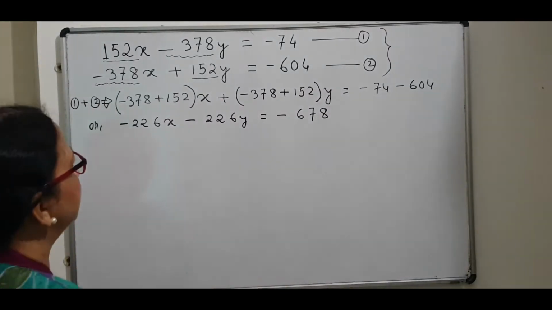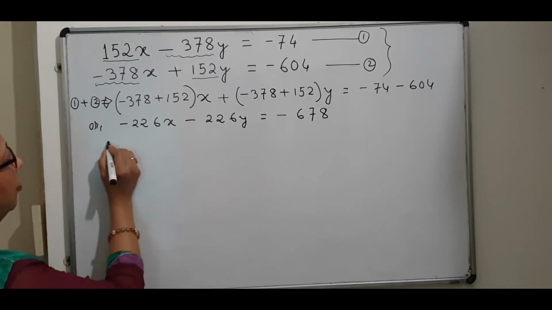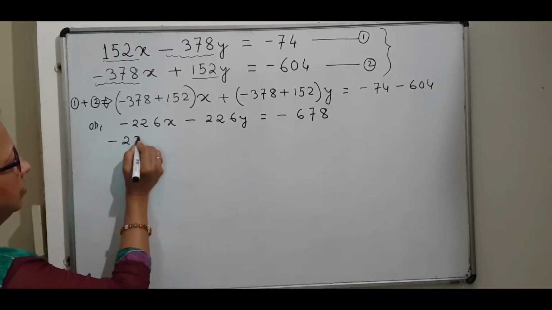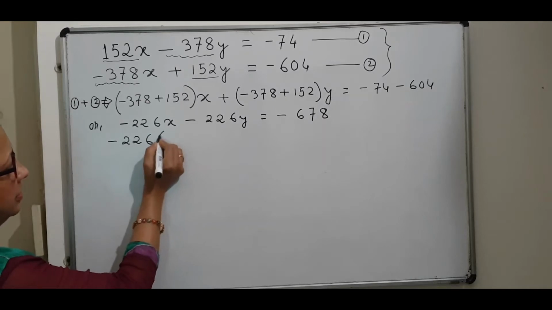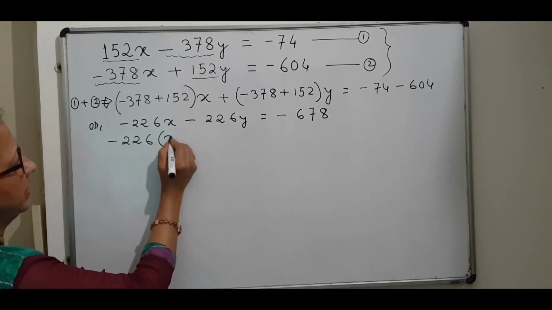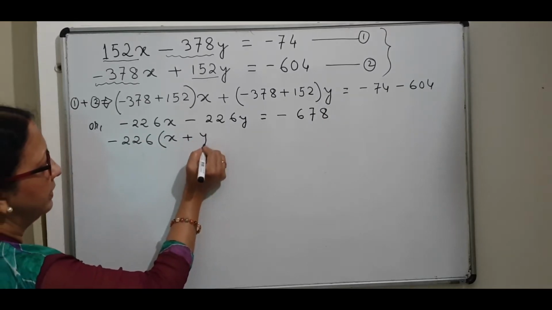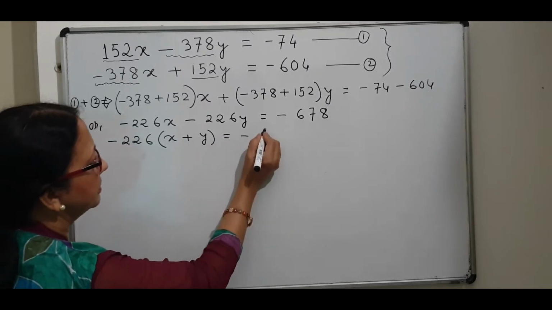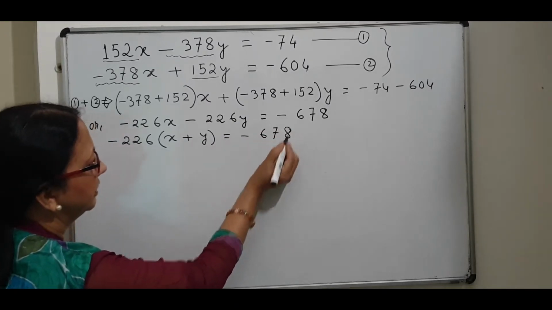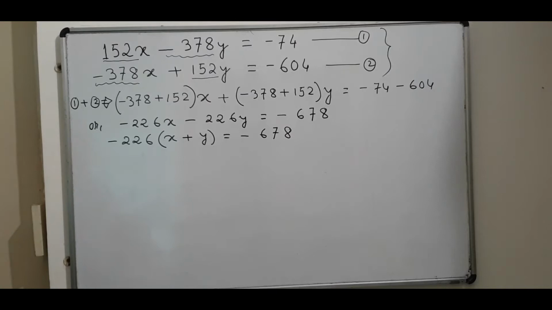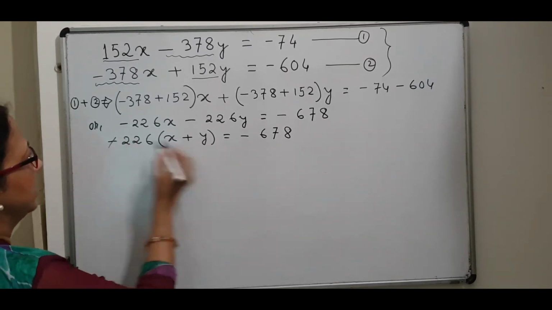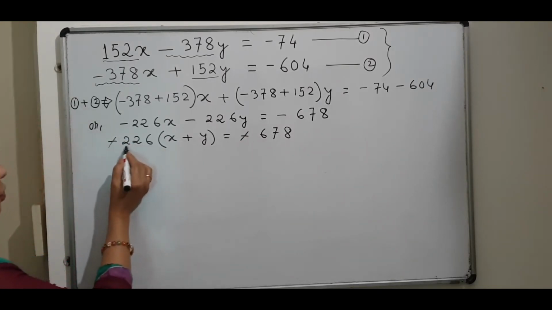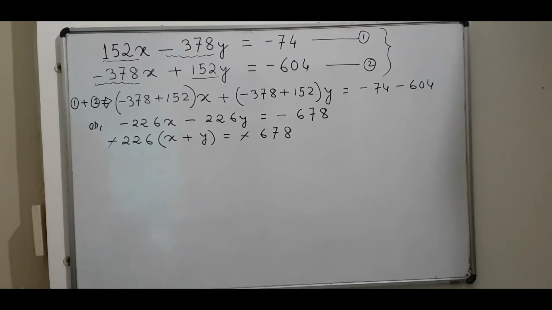So when I add, I can take the common coefficient, because they are the same, so it will be minus 226 times x plus y is minus 678. Now you see minus minus gets cancelled, and 226 will divide this.